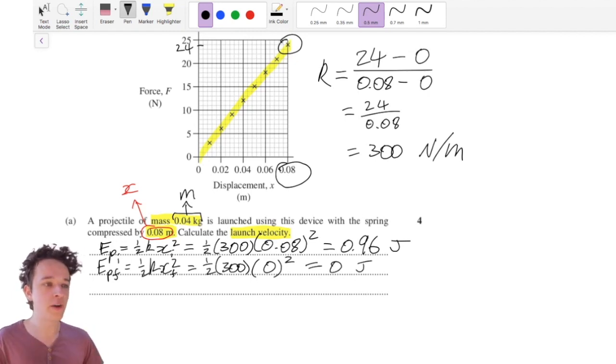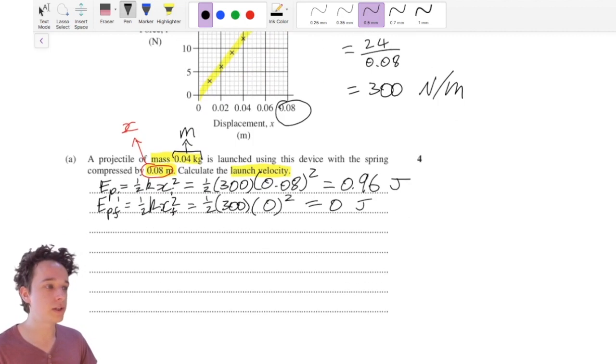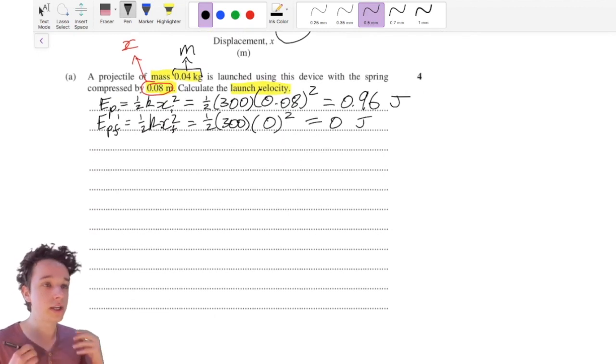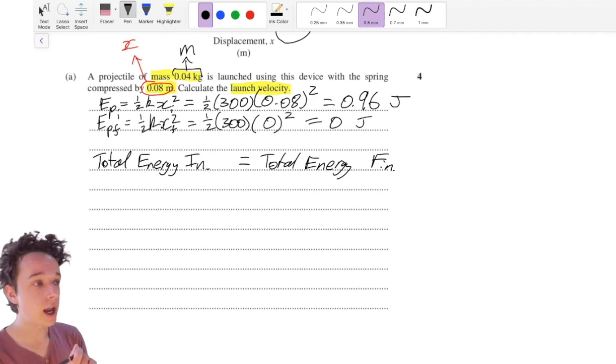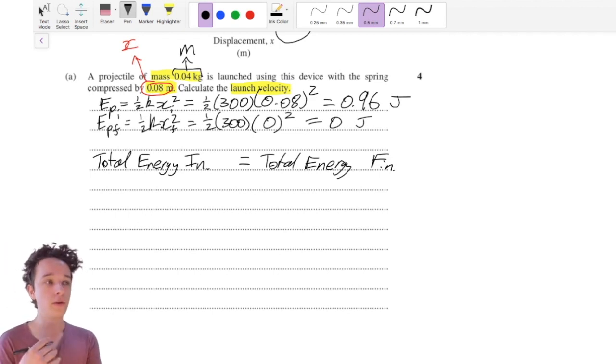But in order to get a value for velocity, there's another concept that we need to consider. We can use the information we have about the potential energy, but we also need to consider kinetic energy. From conservation of energy, we know that the total energy initially is equal to the total energy finally. In this case, our energy is made up of the potential energy of the spring and the kinetic energy.